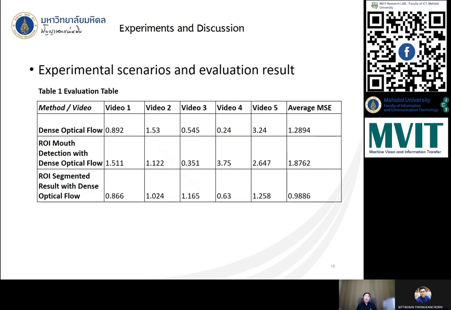Okay, and this is the output. We compare the techniques: dense optical flow on the ROI of the mouth region, and dense optical flow on the ROI of the segmented tongue region. We apply them on videos 1, 2, 3, 4, 5 here, using MSE, and we report the average MSE in the final column. You can see that the best technique is applying dense optical flow on the segmented tongue region.